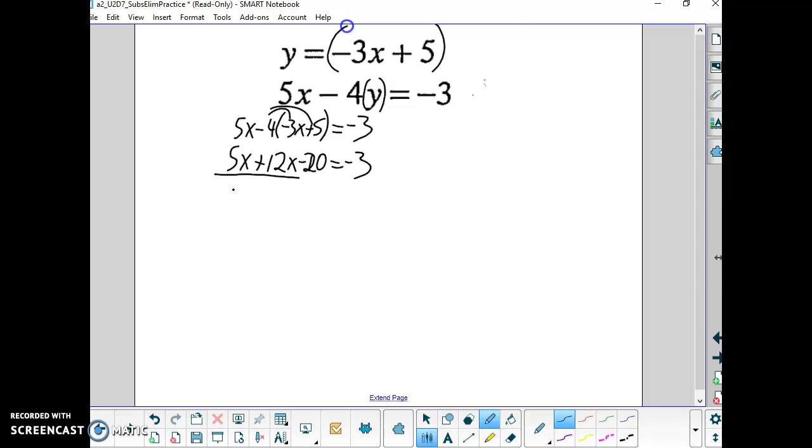Combine like terms. All my x's are on one side, get all my 1's on the other side. Plug it back in here. So y equals negative 3.